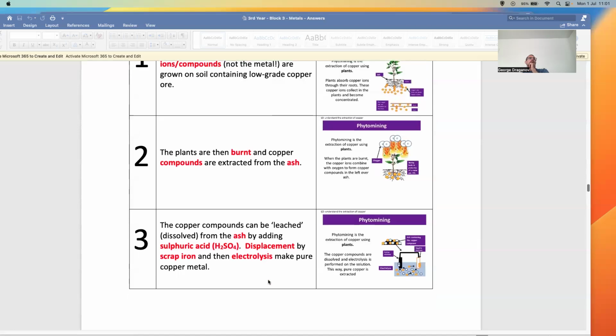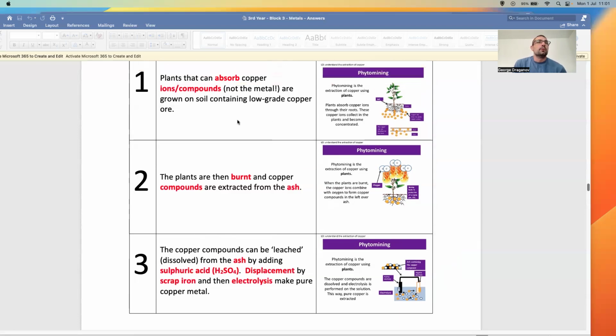What you then do is you leach the ions from the ash by adding sulfuric acid to make copper sulfate. And then you have an option. You can either use a displacement reaction using scrap iron, so copper sulfate plus iron makes iron sulfate plus copper, or you could use the electrolysis method to make really pure copper, because you take copper sulfate and electrolyze it.